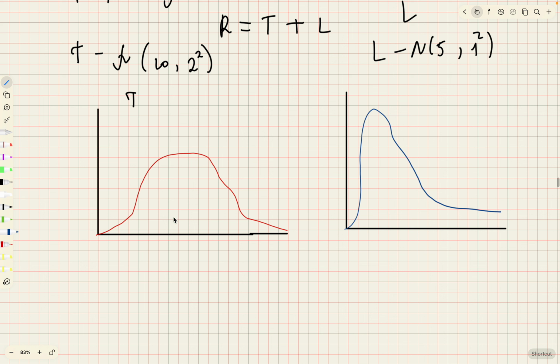Okay, after drawing these distributions, let's say each time we make 1000 observations, and we draw histograms, and it will be something like this. A continuous distribution is nothing but a bunch of histogram bars, except the number of bars is infinite.